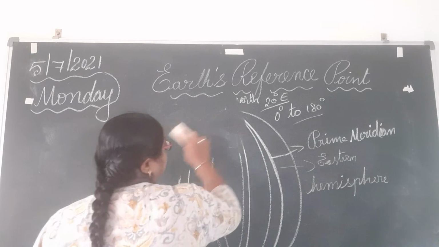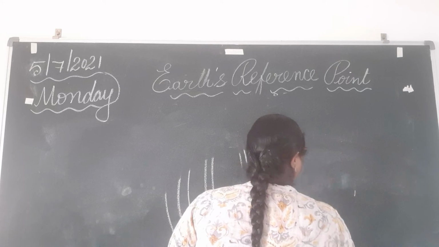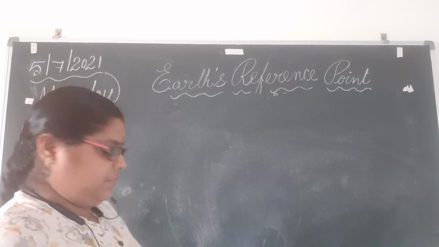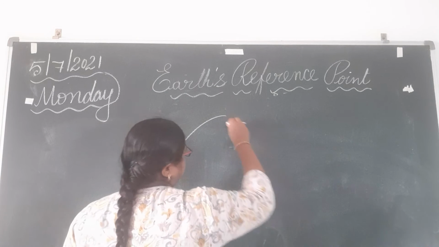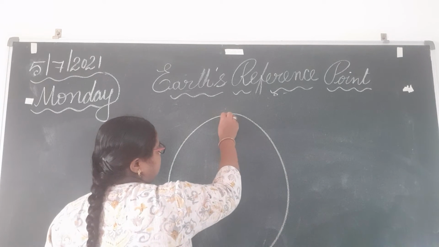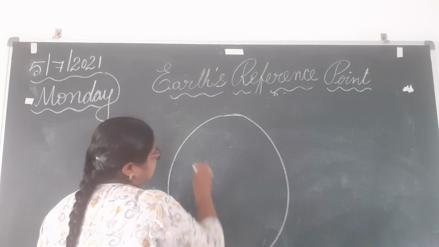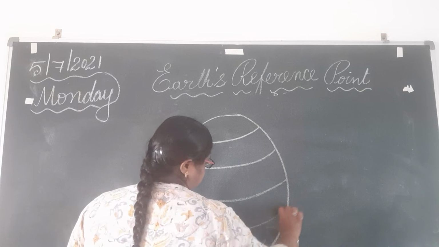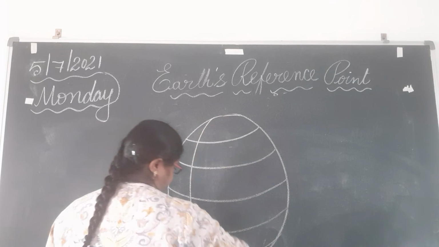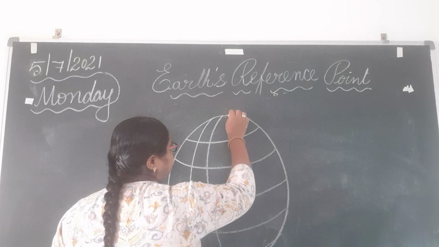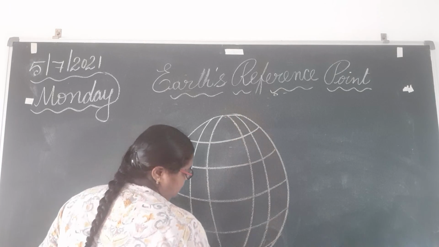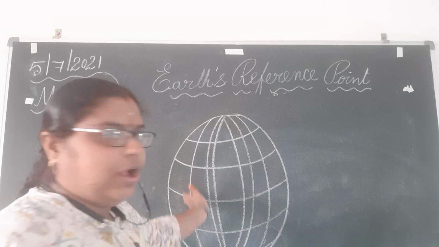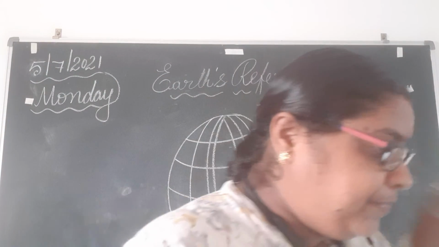See, the latitudes and longitudes form rows and columns on the earth.